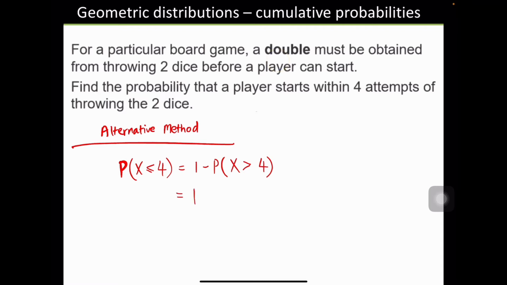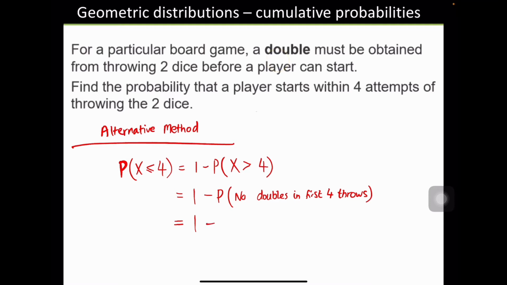In terms of what that means in this specific example, this is the probability that no doubles are achieved within the first 4 throws. In other words, we have had 4 failures in a row.